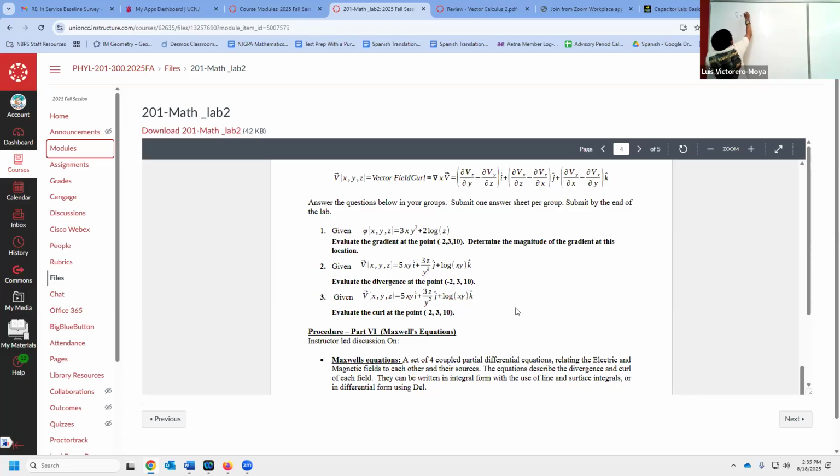Let's say 3xy squared i plus 2z over y cubed j plus the log of, and let's just use the same, xy.